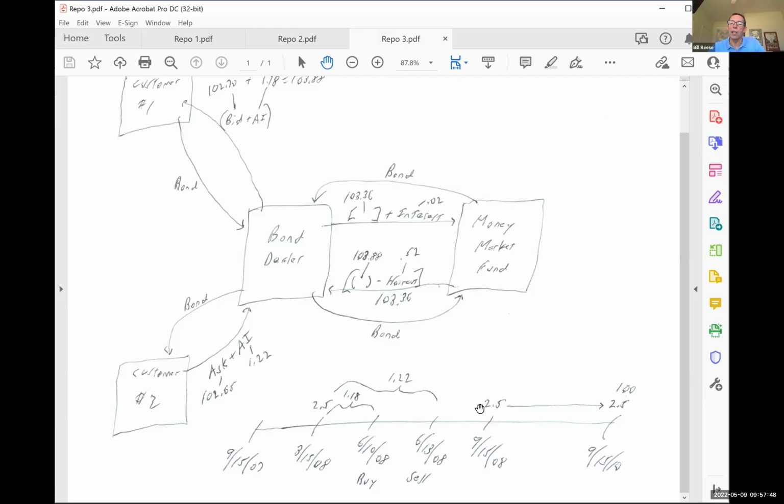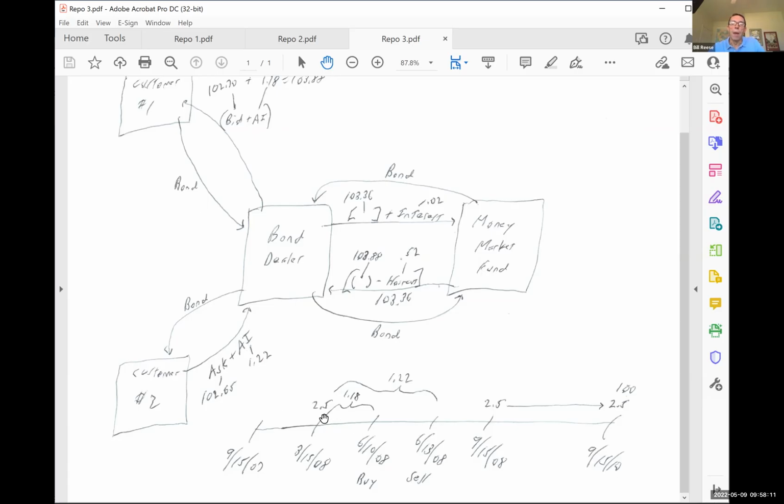This is a 5% coupon rate. So the bond dealer is semi-annually, it's 2.5. So the bond dealer is earning an annual rate of 5% over these 3 days, okay? The bond dealer is getting that coupon payment in the difference between the accrued interest here, and the accrued interest there.